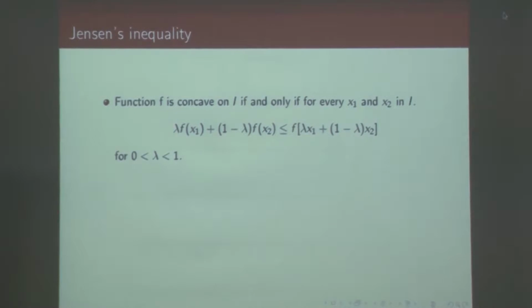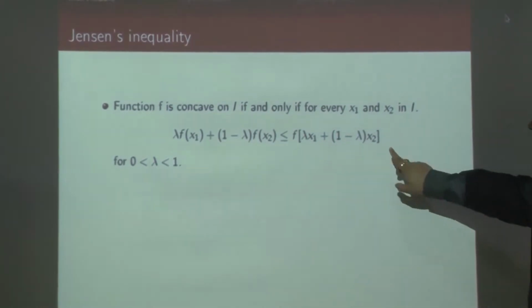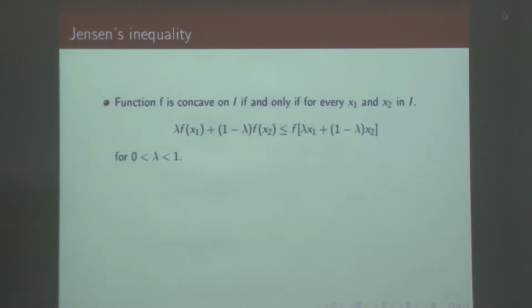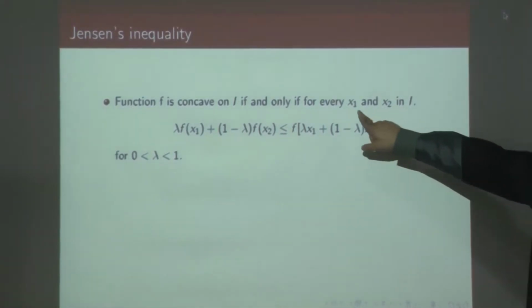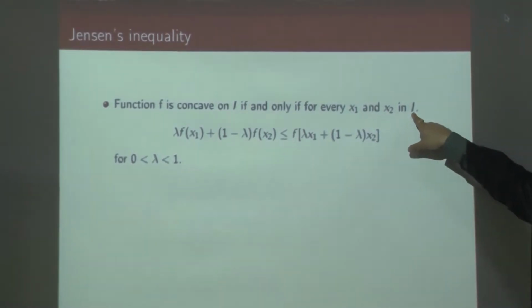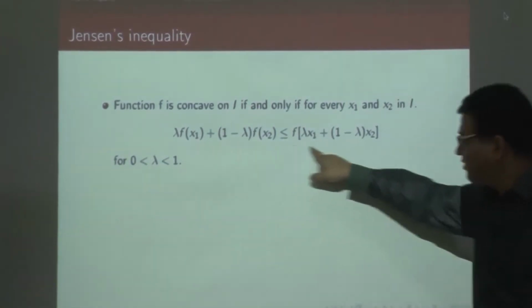Now, I can use Jensen's inequality to get this result. Function f is concave over this interval I if and only if for every x1 and x2 which belong to this interval I over which the function is concave, this relation holds.